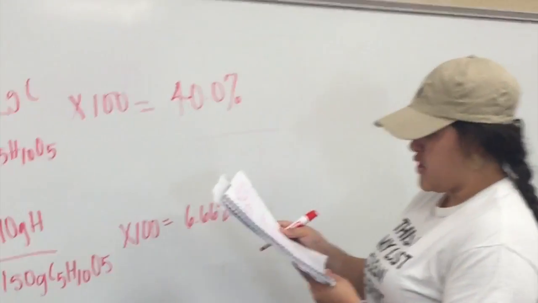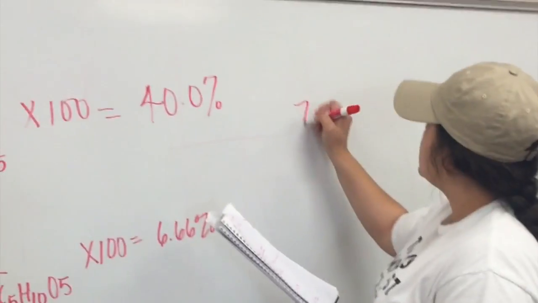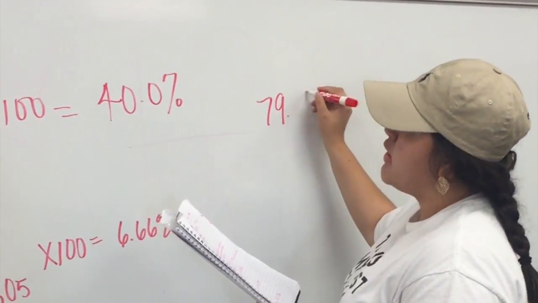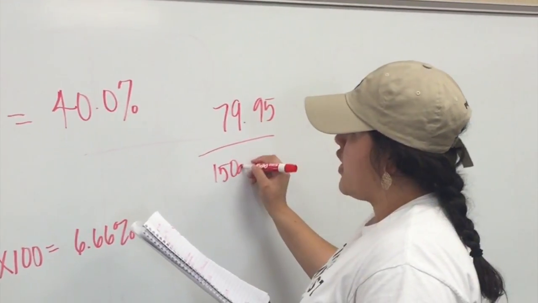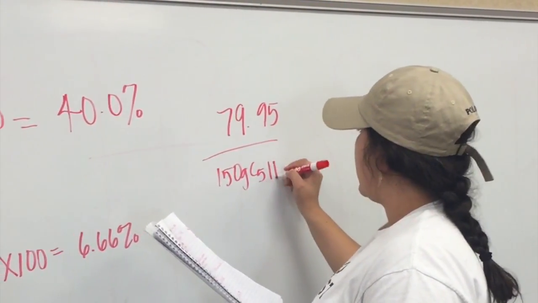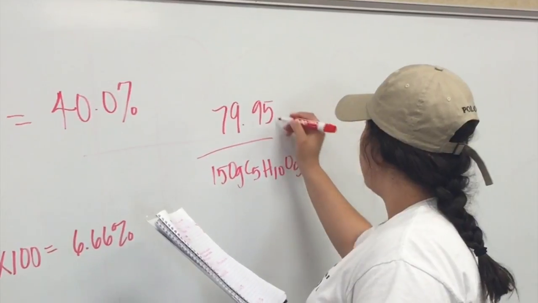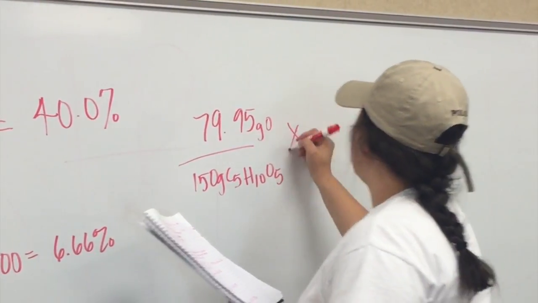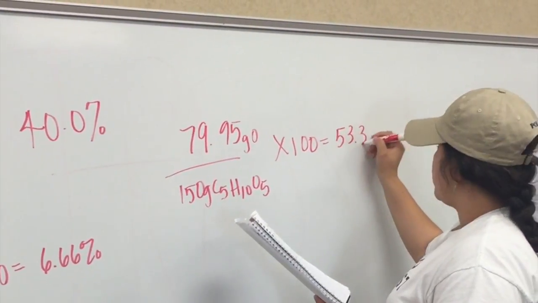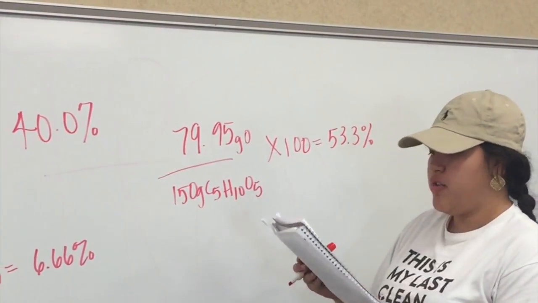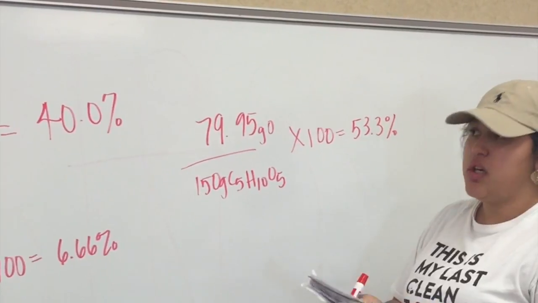And for oxygen, you're going to do 79.95 over 150 grams of C5H10O5 times 100, and that's going to equal 53.3%. And this is how you find the percent composition.